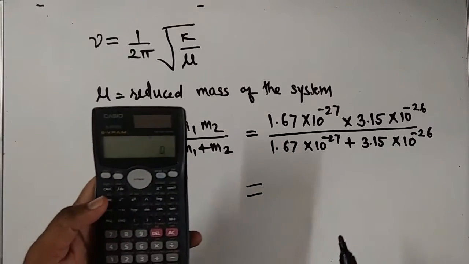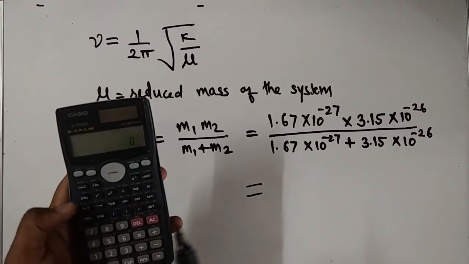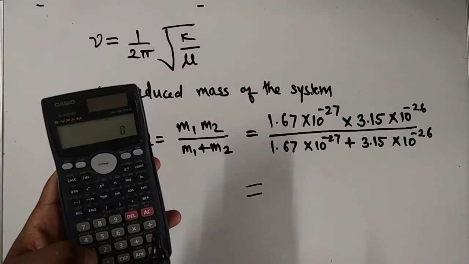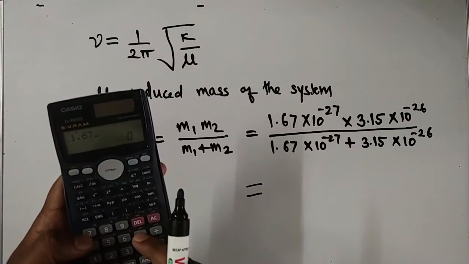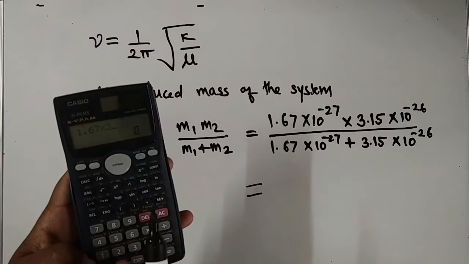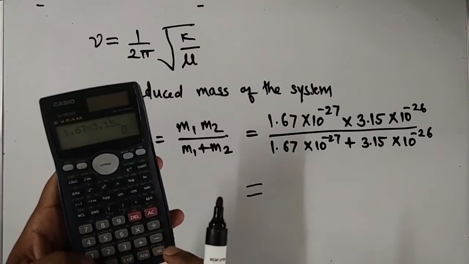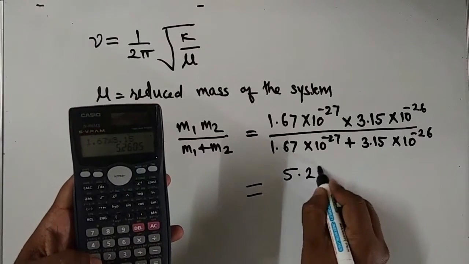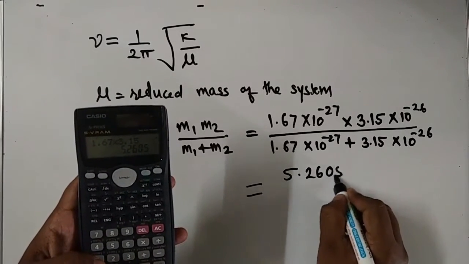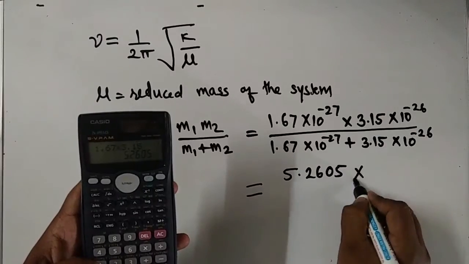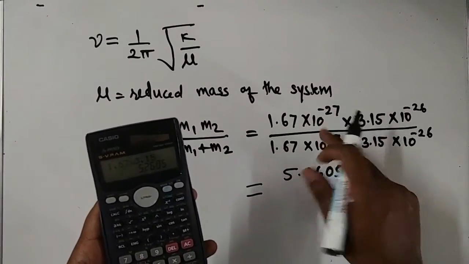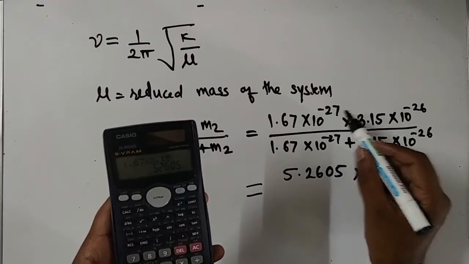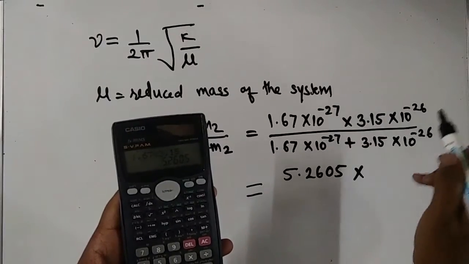So we'll use the scientific calculator. So that term is 5.2605 into, so we have 10 raised to minus 27 into 10 raised to minus 26.